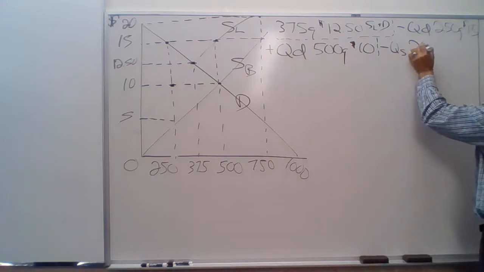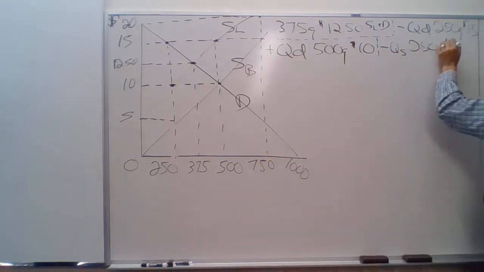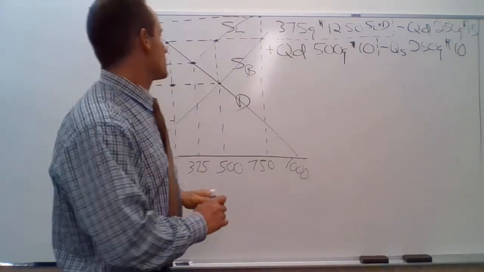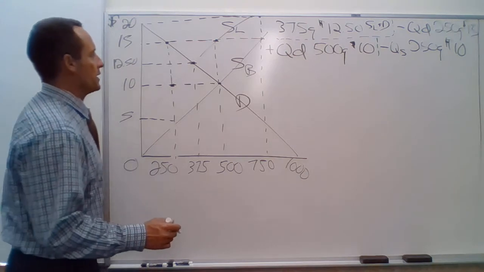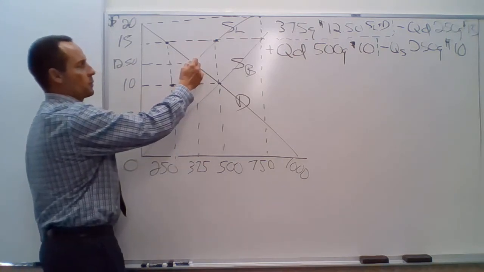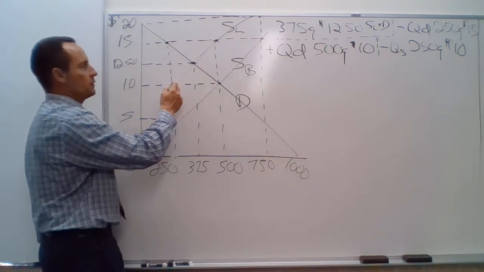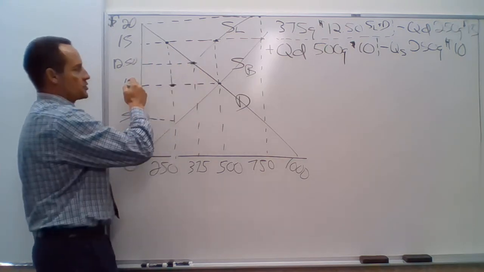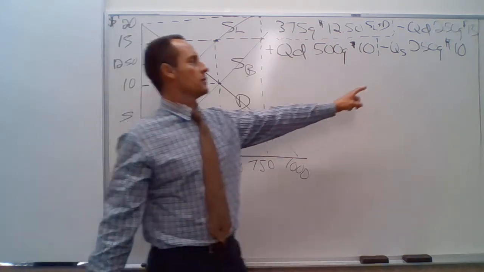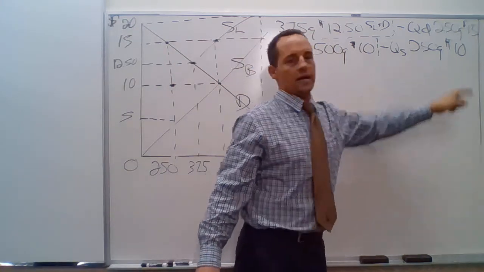So 250Q because $10 was bid. Let me repeat that in case you didn't hear me. We are here to have less quantity supplied, which means moving here is less price paid, less quantity delivered. 250Q at $10 a piece.